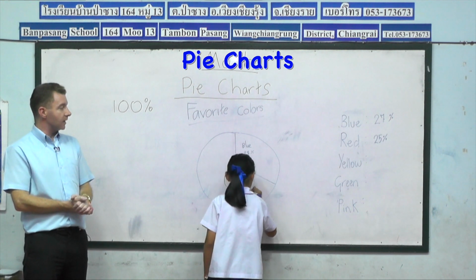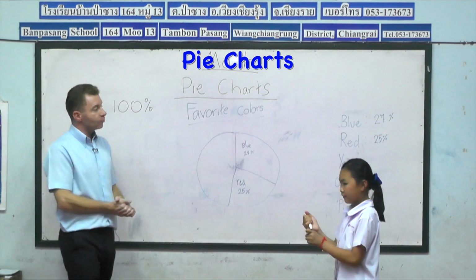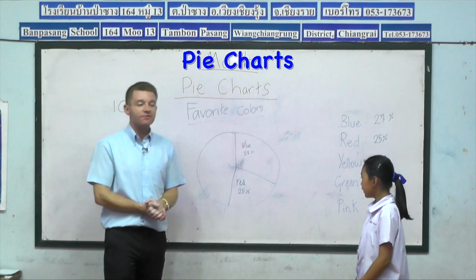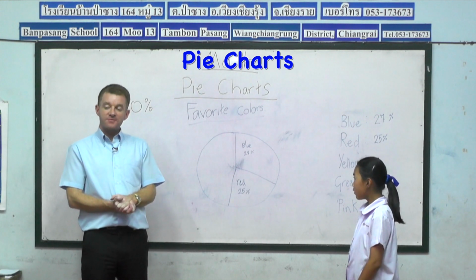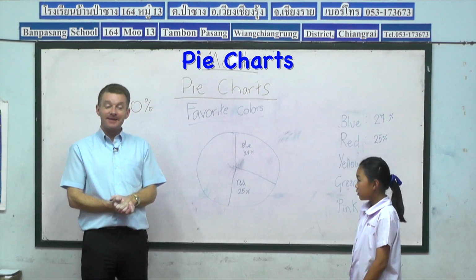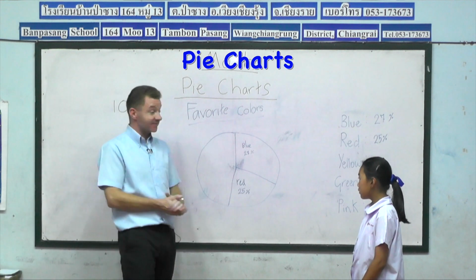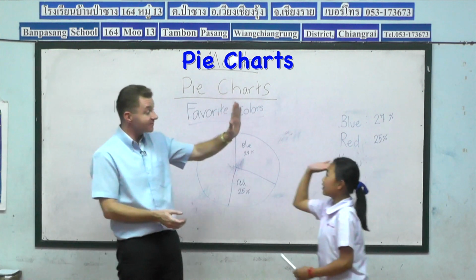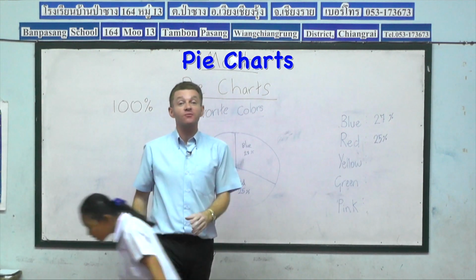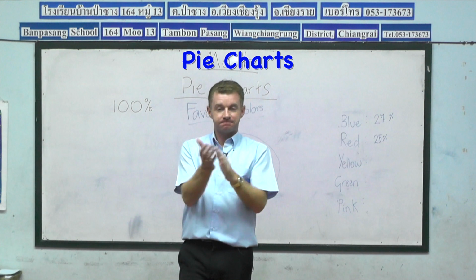Okay, so now a little maths quiz for you guys. 27 and 25, how many % so far? 52%, correct. Two colours, 52%. Nadia, that was brilliant. High five, big round of applause for Nadia too, guys.